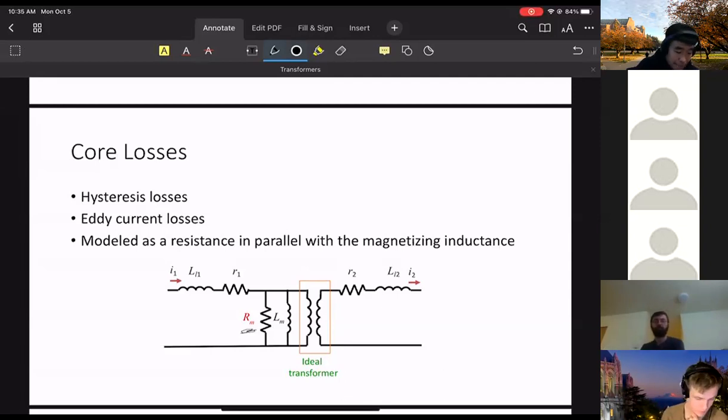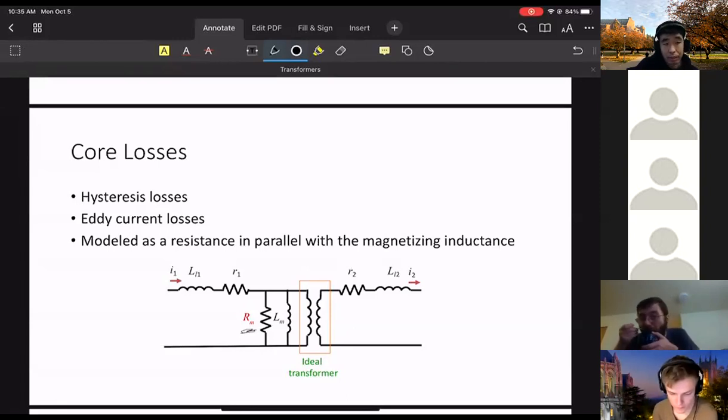And we put Rm and Lm, this core inductance and core losses, in parallel. Any questions with this model? Again, this is a model most of you should have seen before. All right, so let's do one.